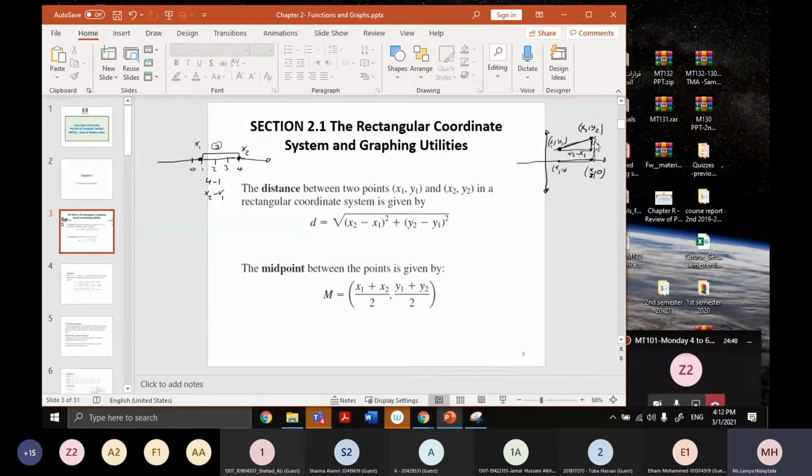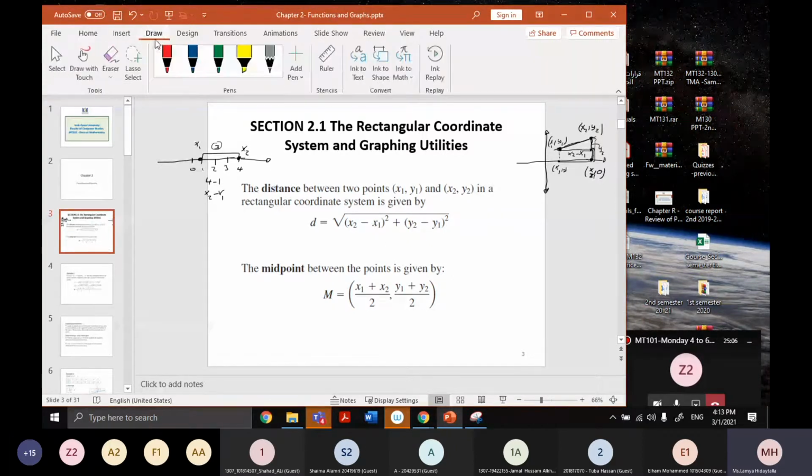The first height was y2, and this one from here to here is y1, because this height is y1, so it is the same as this one, y1. So this here is y2 minus y1.